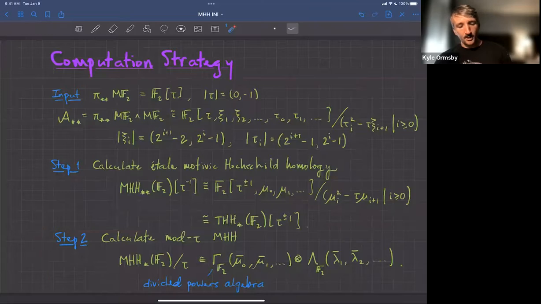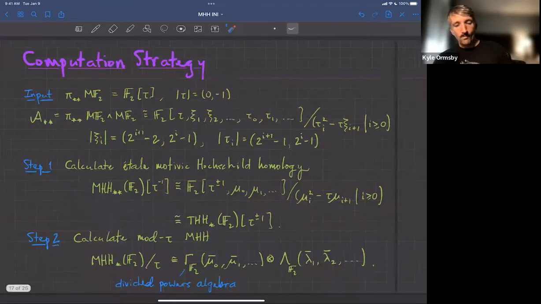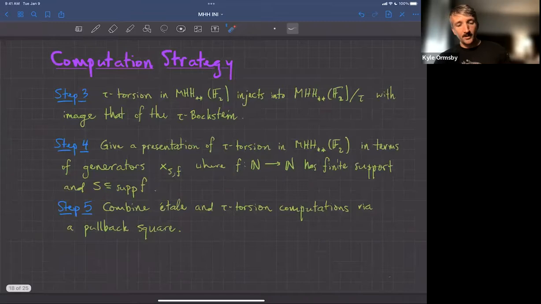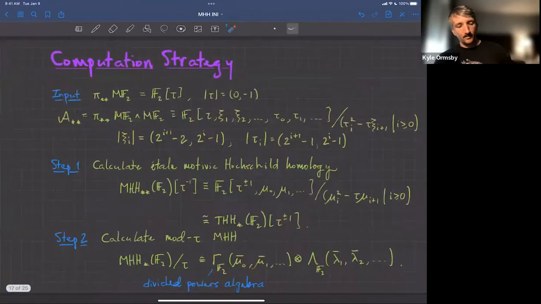What's challenging and interesting is that when we go mod tau, we get a lot more. So we have a divided powers algebra on these classes called mu I bar, and we have an exterior algebra on these lambda I bars. Step 3, I'm going to go into these steps in more detail.